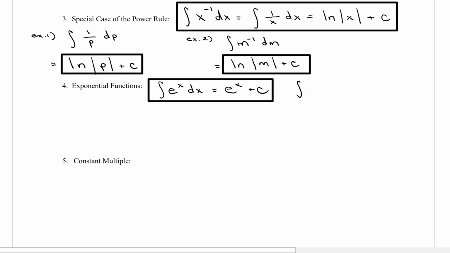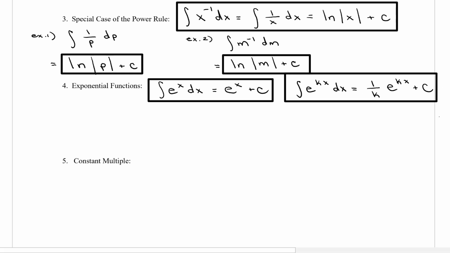Our next exponential rule is the integral of e raised to the kx power dx, which is equal to 1 over k times e raised to the kx power plus c. Let's go ahead and put a box around that rule.